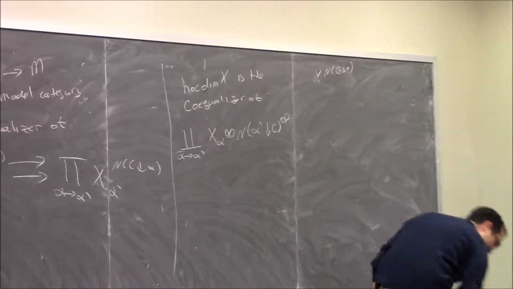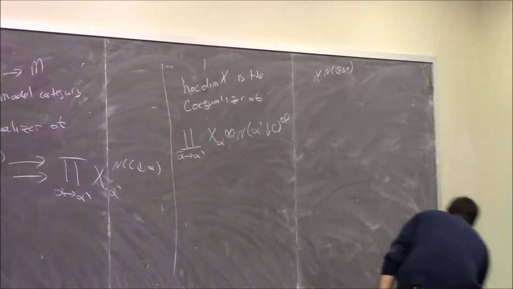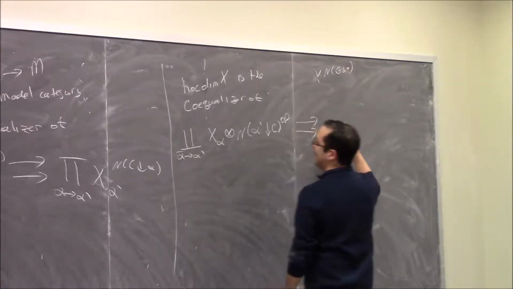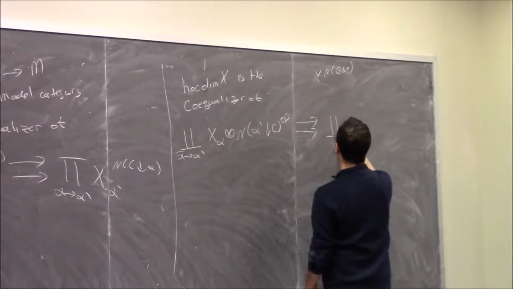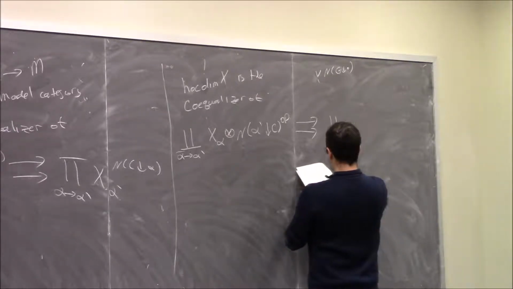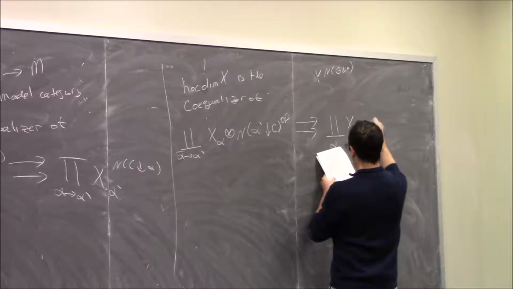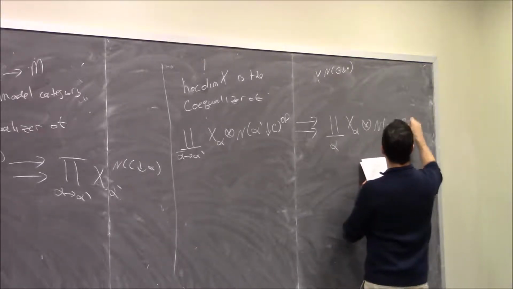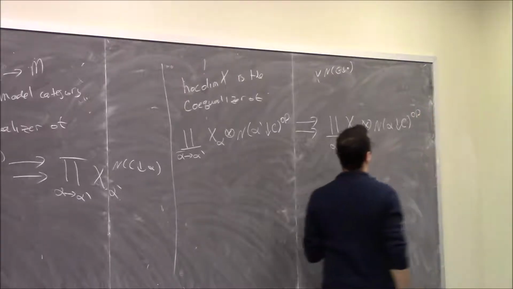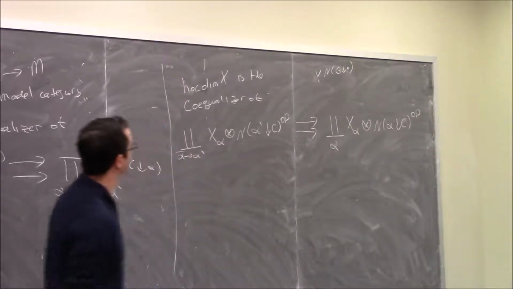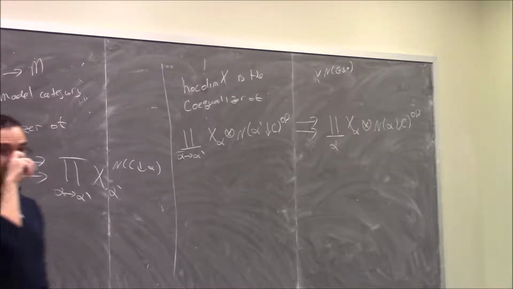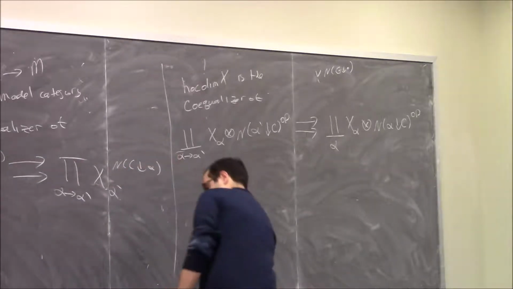Yeah, so point being, the dual to taking exponential is now the tensor product.